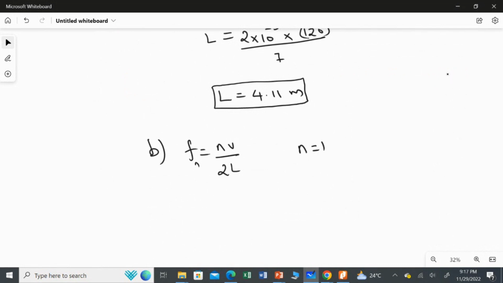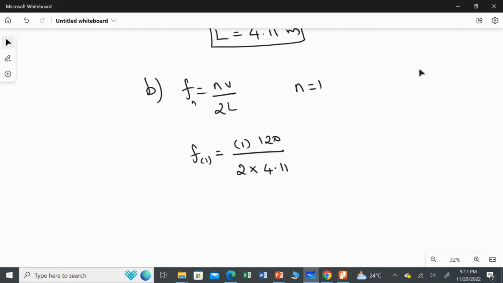Now I am going to substitute the values. f of 1 is equal to 1 multiplied by the speed, which they already mentioned in the question as 120, divided by 2 multiplied by the length value, which I take from the first part, 4.11. Calculating, 120 over 2 multiplied by 4.11, I got the answer as 14.598, so I can write 14.6 hertz or 1 over second.